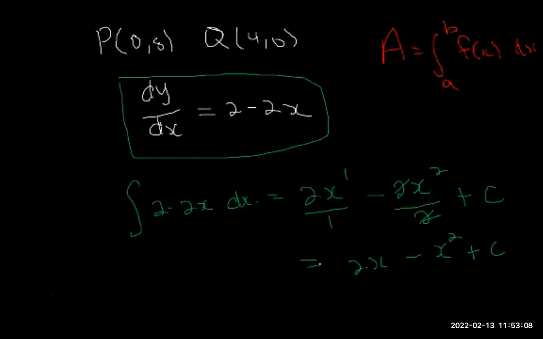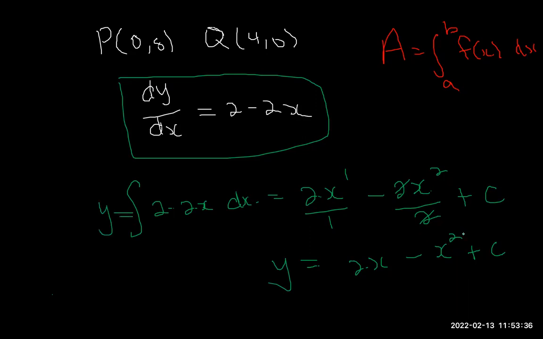But there's a problem. When we're doing application of indefinite integration, we said this is not the exact value of the curve. We need to find the value of c. And how did we do that? Well, in the questions that we did before, there was only one point, and you took the point and substituted it into this right here. So this is y, right? Y is equal to the integral.